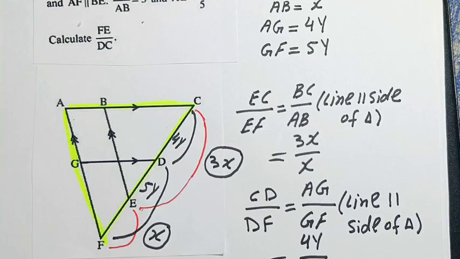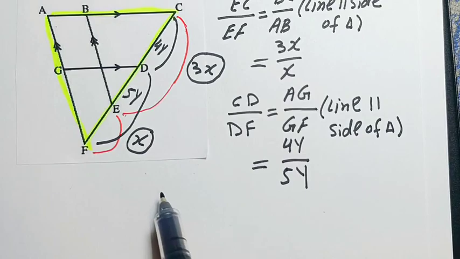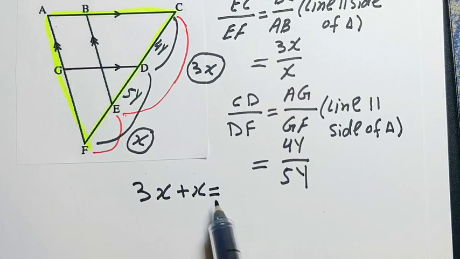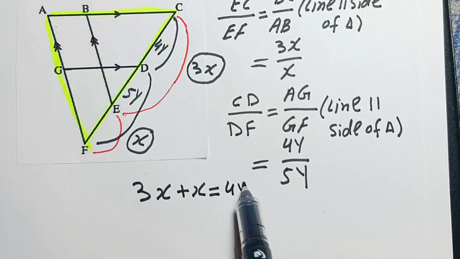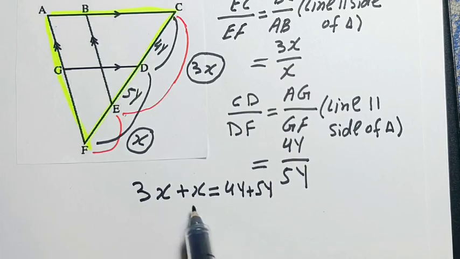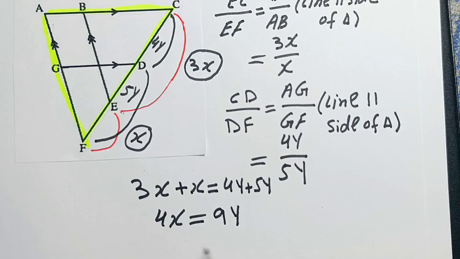Have a look. If you got such a clash, then all the x and y are mixed. So we're going to equate all of these variables. 3x plus x is going to be equal to 4y plus 5y. Now 3x plus x becomes 4x and 4 plus 5 becomes 9y.